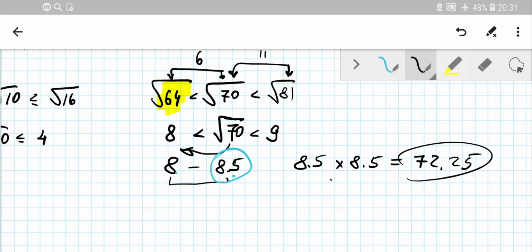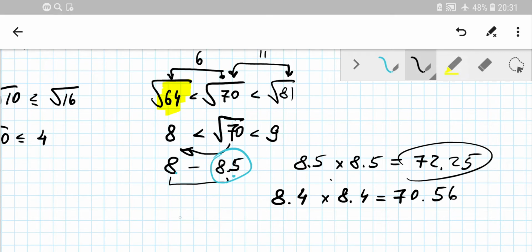So you may take the next step. The next step is to take 8.4 and do the same. 8.4 times 8.4, and you'll get a closer estimation, which is 70.56.